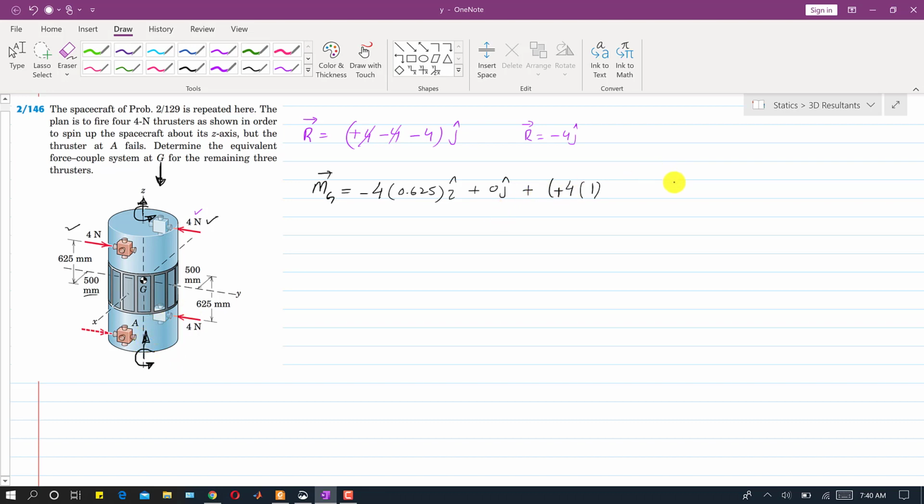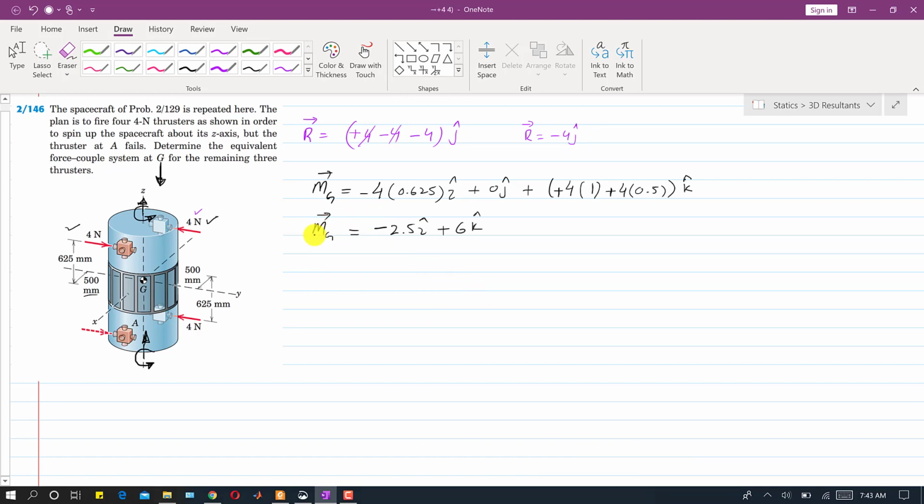So I will write plus 4 into the perpendicular distance of this 4 Newton force from the z axis, which is again 500. So 500 divided by 1000 is 0.5, and this whole moment is along the k axis. If we simplify this, we will get the moment vector about G.